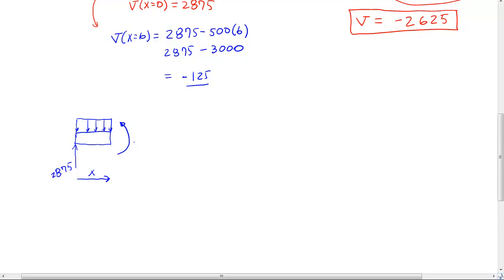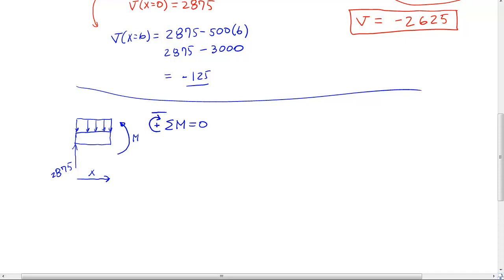So what do you do when you're dealing with the moment equation? Sorry, excuse me. Yes, sum of the moments equal to 0. Now, just to show you that it doesn't matter, and that the direction assumed in this equation is independent of the direction here, I'm going to make them different.